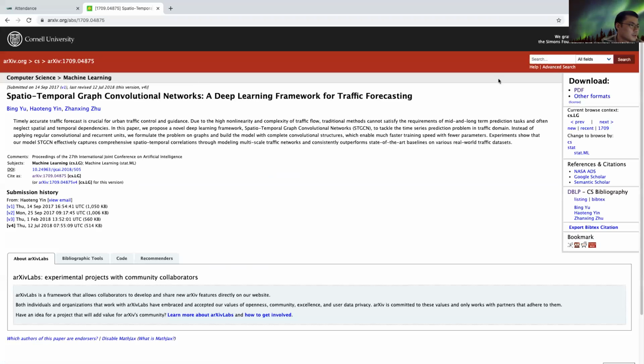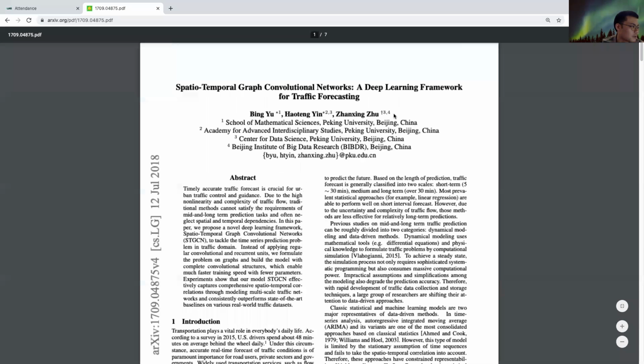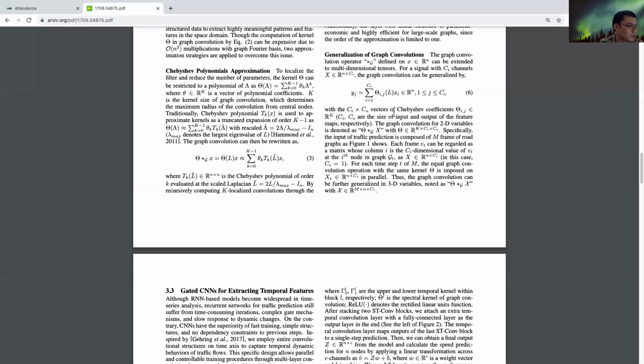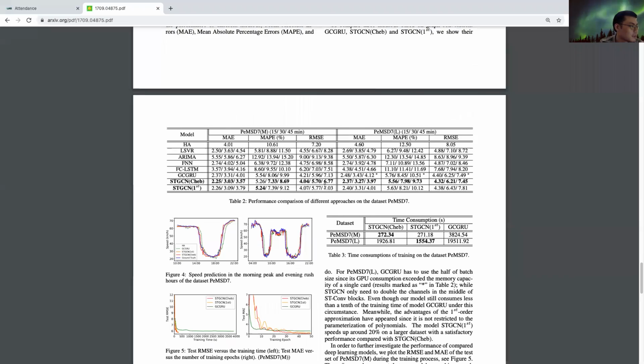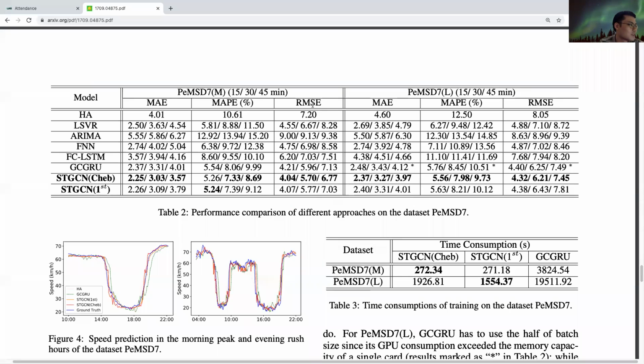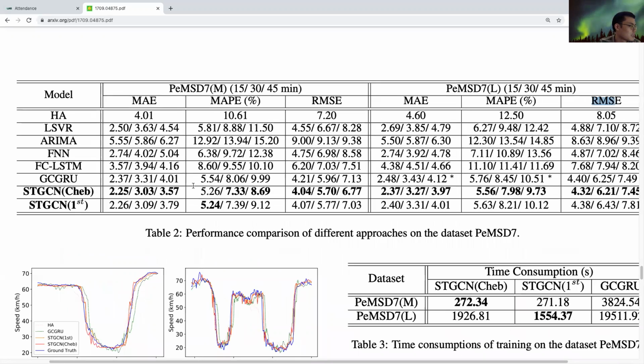This is a paper using a machine learning model to predict the traffic. If you look at their experiments, they have RMSE, MAE, and the percentage one. So they compare different error metrics and show that our method always is better.